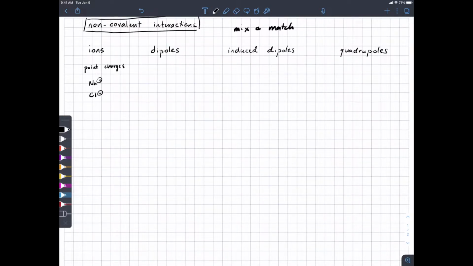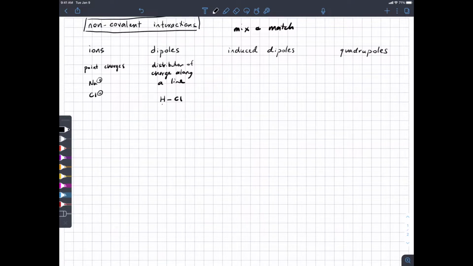Dipoles, we're talking about really just distribution of charge along a line. So an example of a dipole would be HCl. There's a dipole because chlorine is more electronegative than hydrogen.